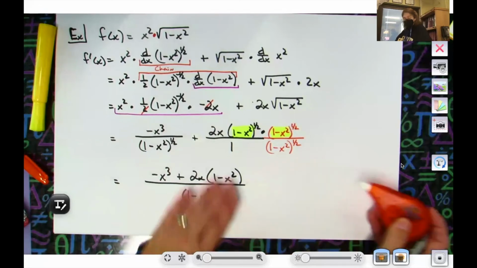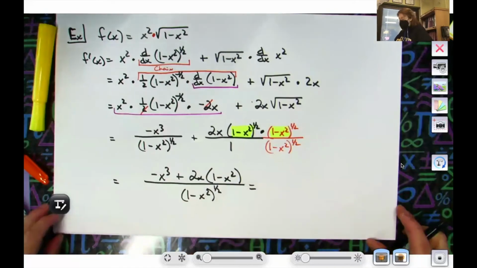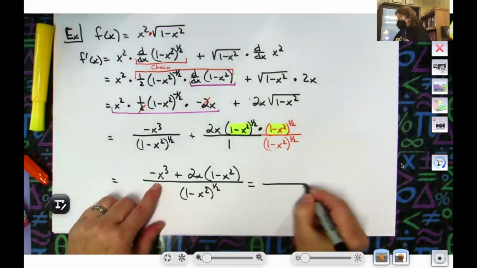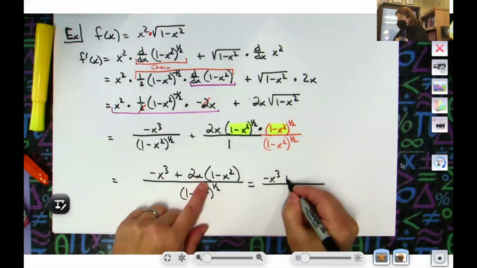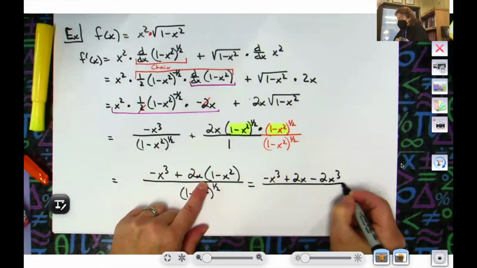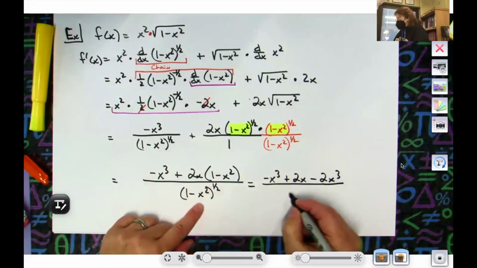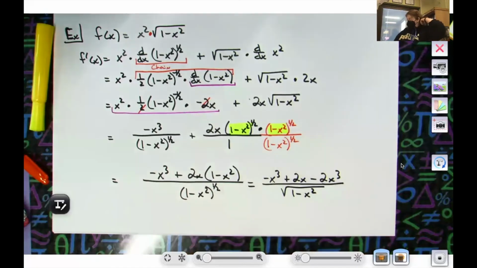So it looks like I can do some distributing there. I'm going to go sideways because I'm running out of paper. All right, so a negative x to the third, distribute this 2x: plus 2x minus 2x to the third, all over the square root. I might as well put that back into a square root because I'm not doing anything with it. I've got some like terms.